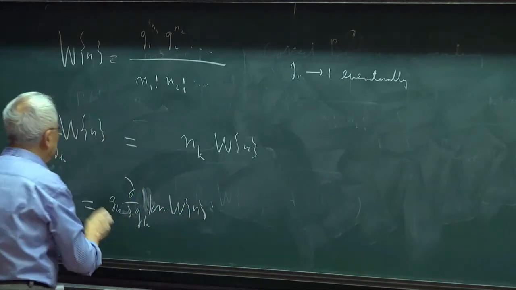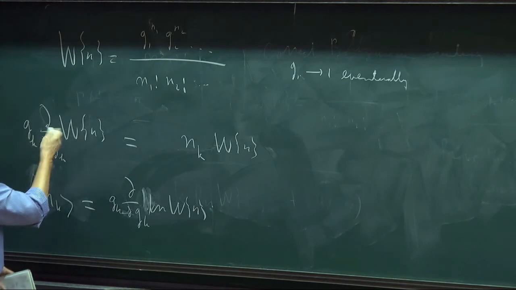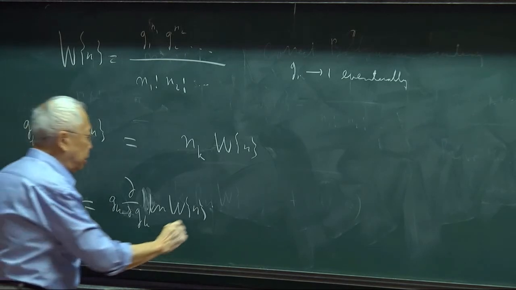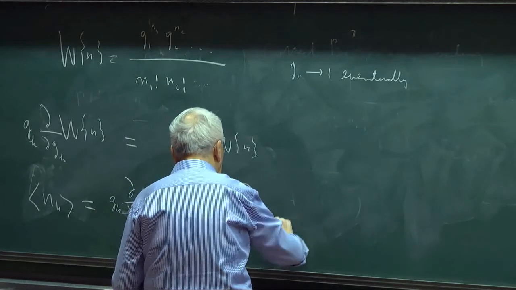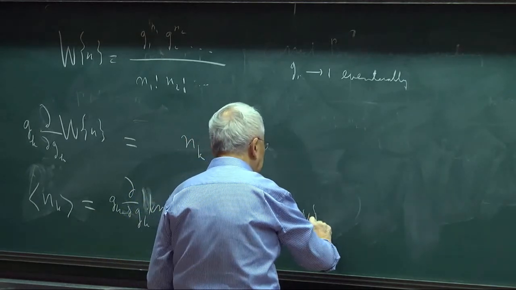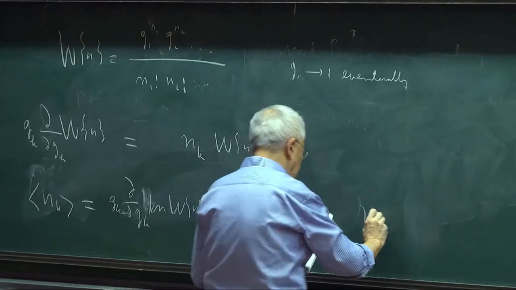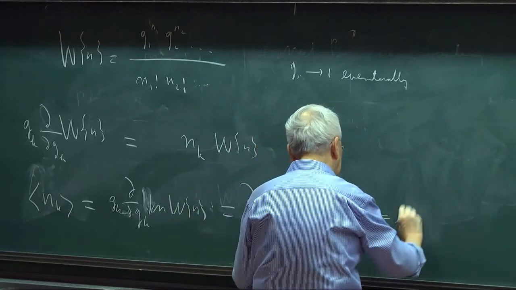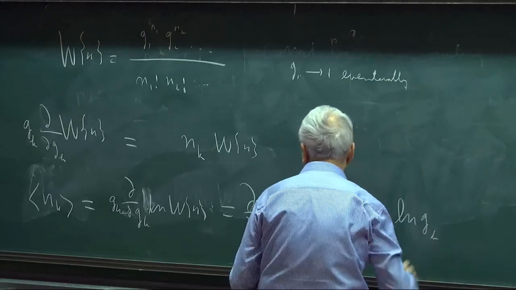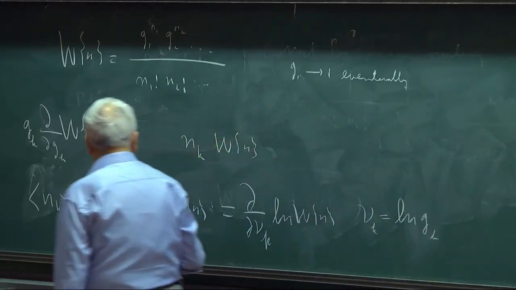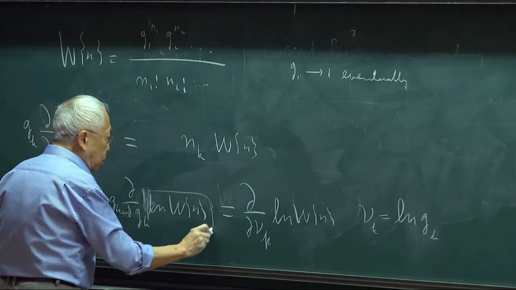Because if I divide by W of n on both sides, I get a derivative of log. And this can be written as d by d nu k of the log of W of n, where nu k is defined as the natural log of g k. So all I need to know is the log of this.